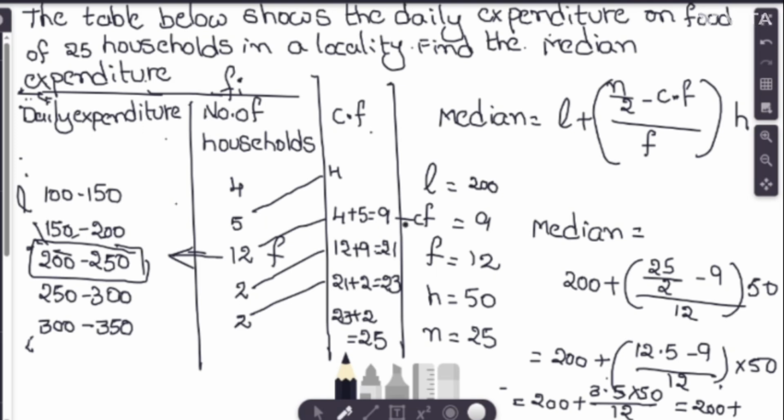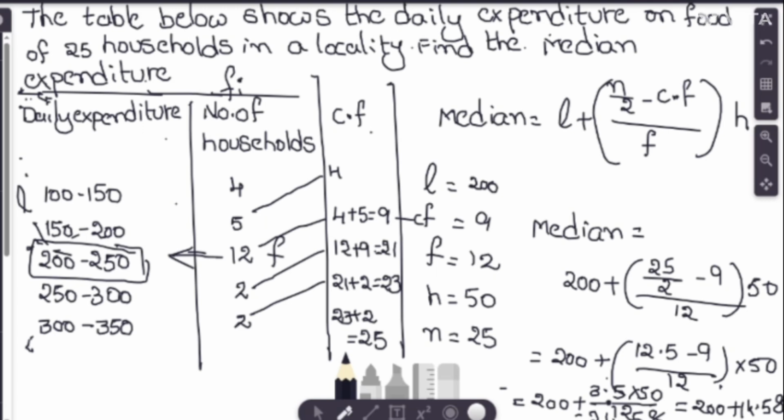So 200 plus 14.58 is 214.58. This is the median value. This is the way to find the median of the data.